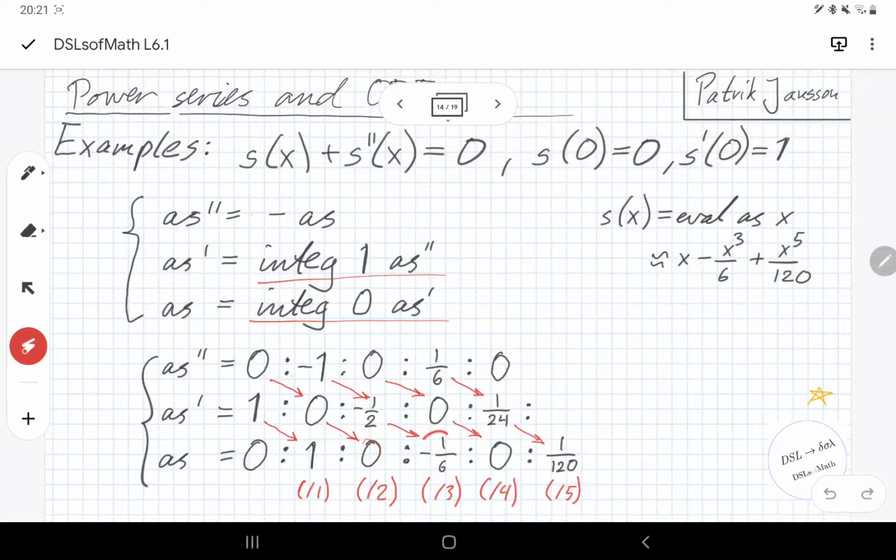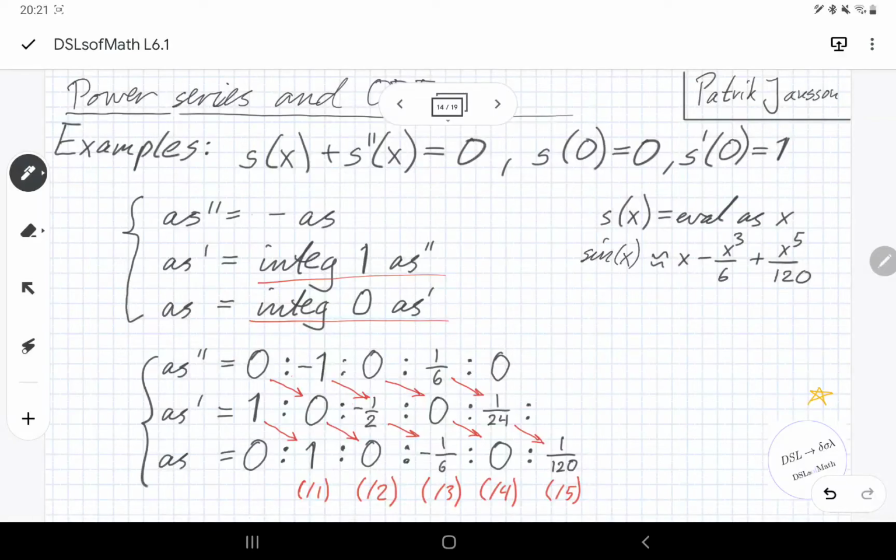There's no x squared. It's minus x cubed divided by 6, no x to the fourth term, and it's x to the fifth over 120. So this is actually the 5th order approximation of the sine function, because the s here is actually the sine. So this is sine of x in radians.